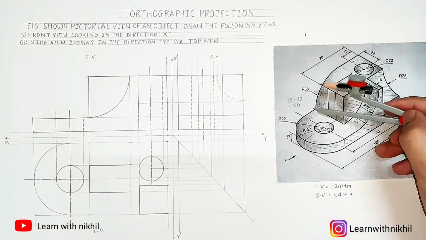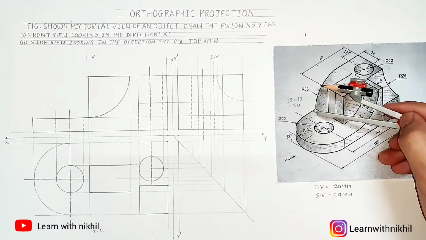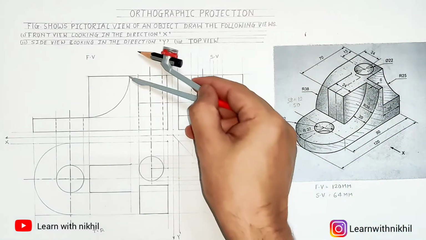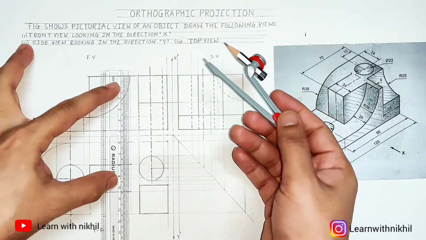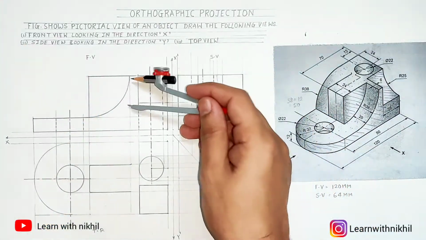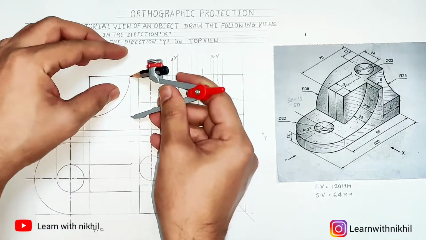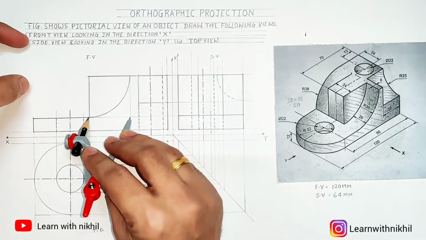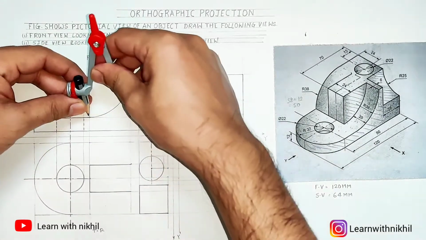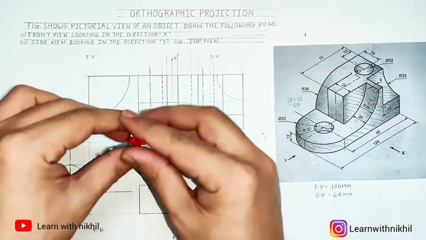Now next we have another curve with radius of 38 millimeter. So from this point we have already taken this distance as 38 millimeter while drawing the front view, and as it is hidden at the front view, this curve part is hidden.